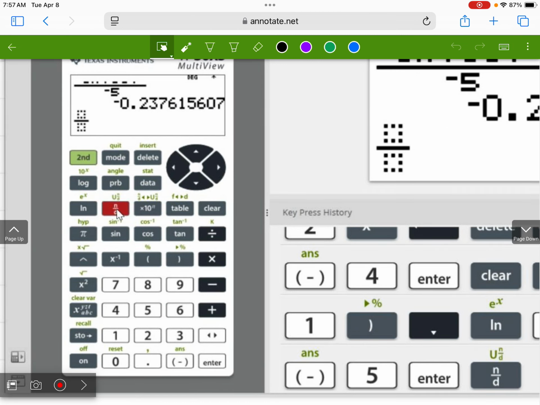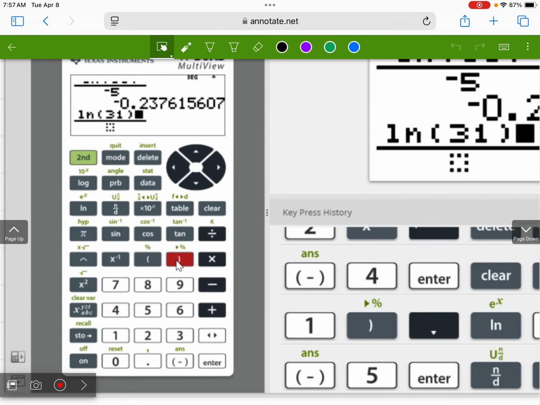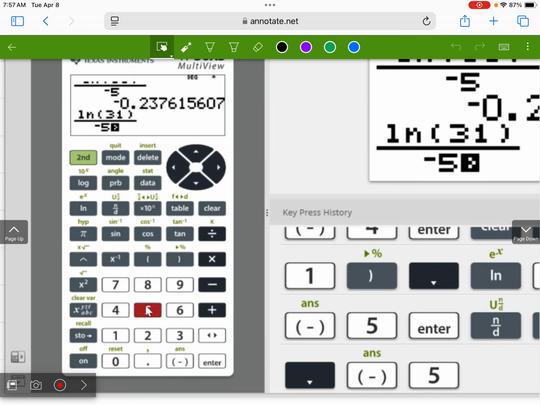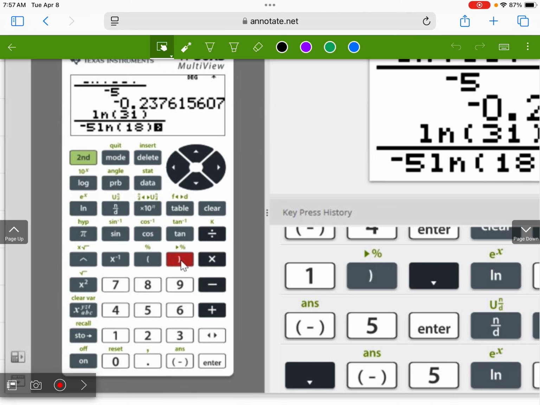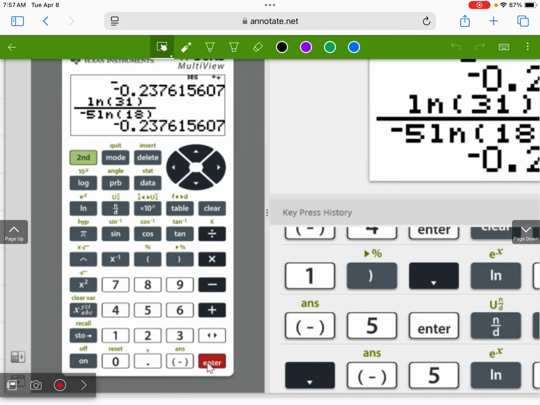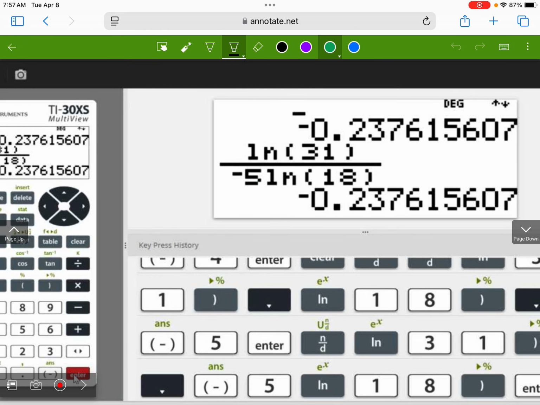We can also do ln of 31 over -5 ln of 18. They both are going to give us the exact same answer. It does not matter how we write it. It's still going to give us that decimal approximation of -0.24.